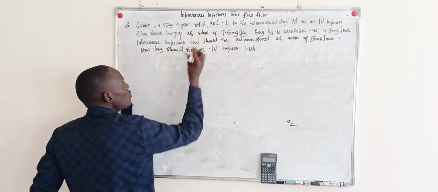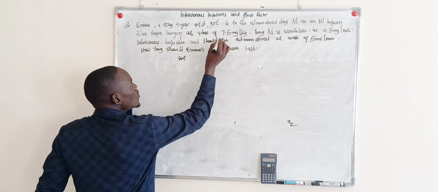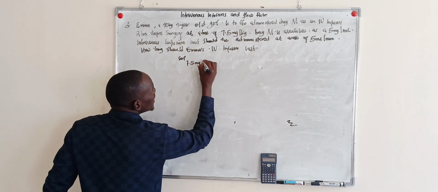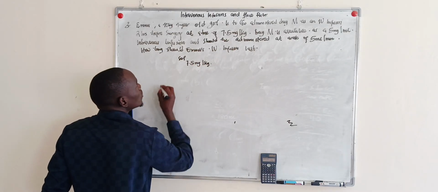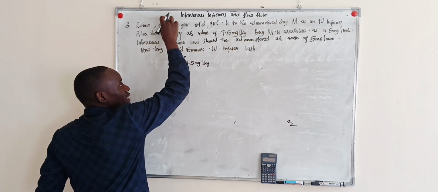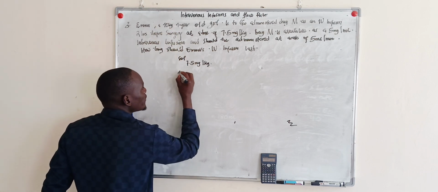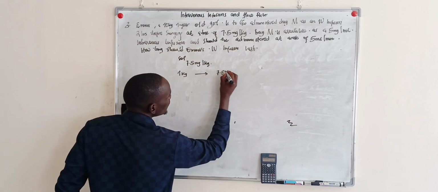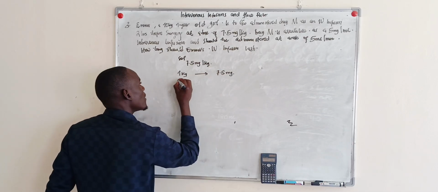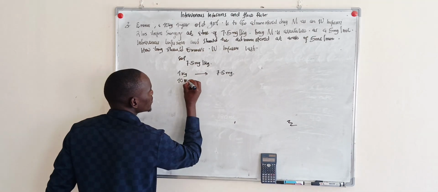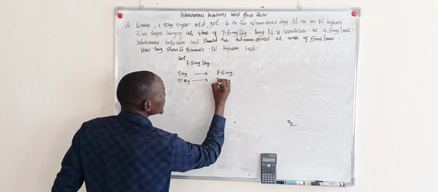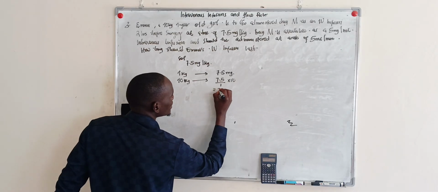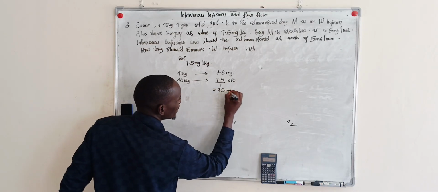So, firstly, they have given us the dose that should be given at 7.5 milligrams per kilogram. So, our child is 10 kilograms. So, we shall say if a 1 kilogram child receives 7.5 milligrams, how about a 10 kilogram child? This will receive 7.5 divided by 1 times 10, and this gives you 75 milligrams.